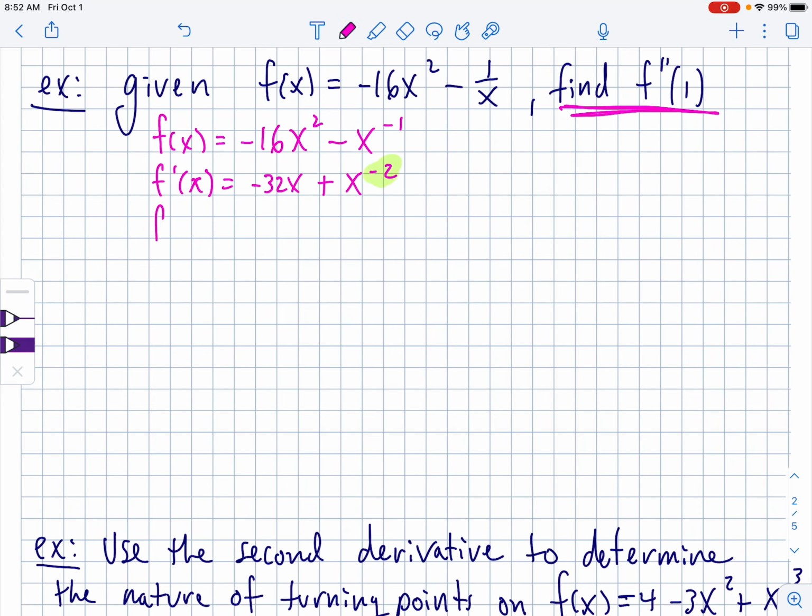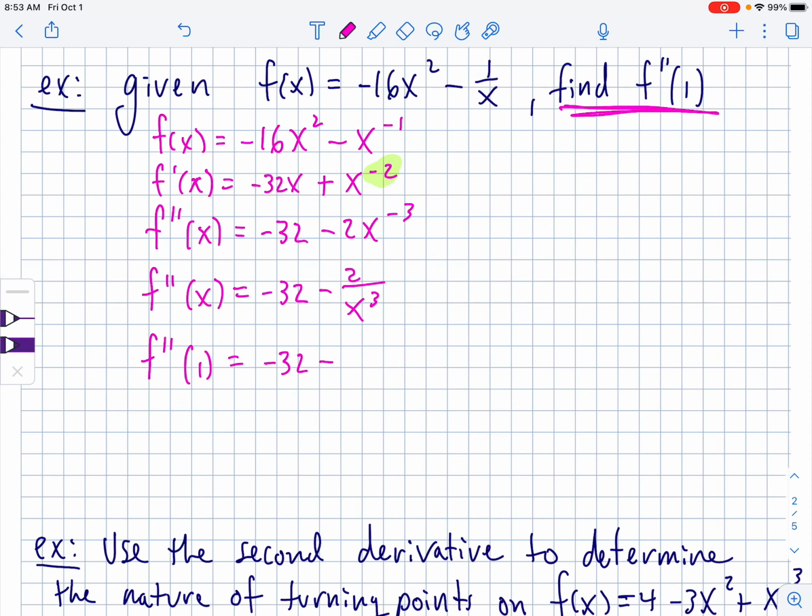Now, instead of moving that negative 2 downstairs like you normally would, we're just going to keep it up there because we need it upstairs to do the second derivative. So then we get negative 32 minus 2x to the negative 3. So the second derivative is negative 32 minus 2 over x cubed.